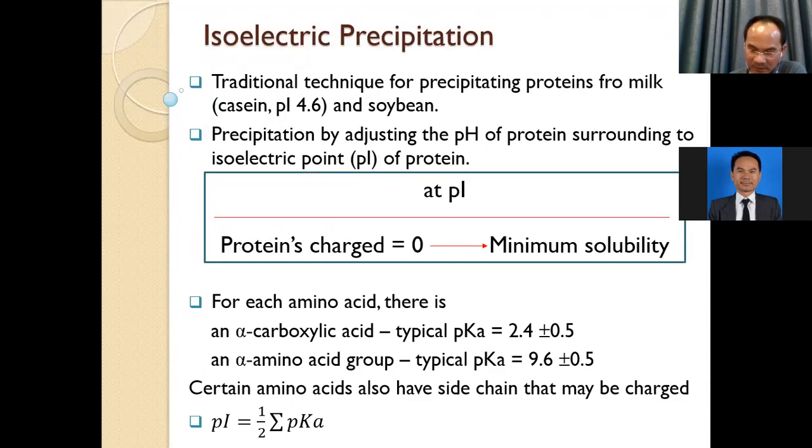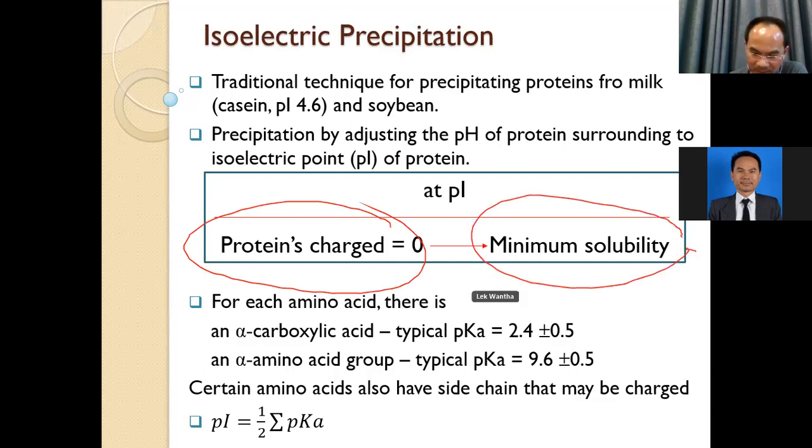I talked to you before, when the protein charge is equal to 0, the solubility is minimal. At this point, we call it pI. pI is the pH at charge equal to 0. For this case, you can precipitate from the solution, where the protein is dissolved in water, for example.